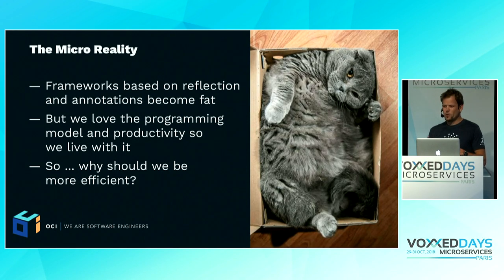There's an irreconcilable tension between trying to achieve fast startup time and high performance, and caching all this reflective and annotation metadata. The result is that you consume memory, and it's not possible to create a framework that has both low memory consumption and the features that developers love, like Spring Boot.